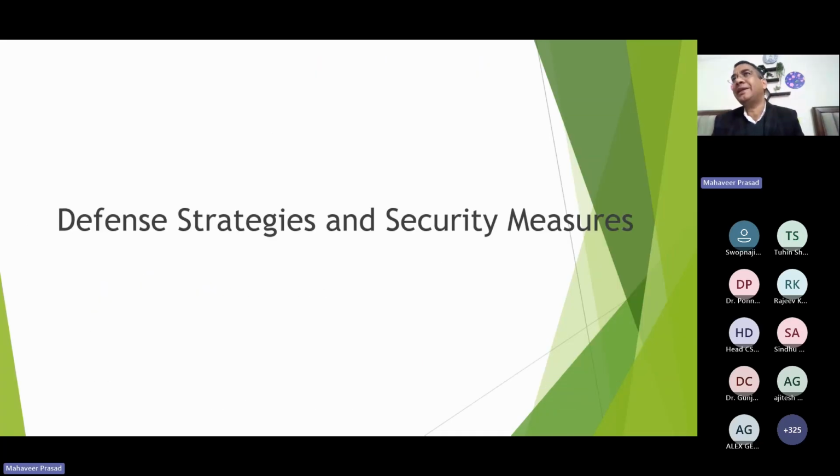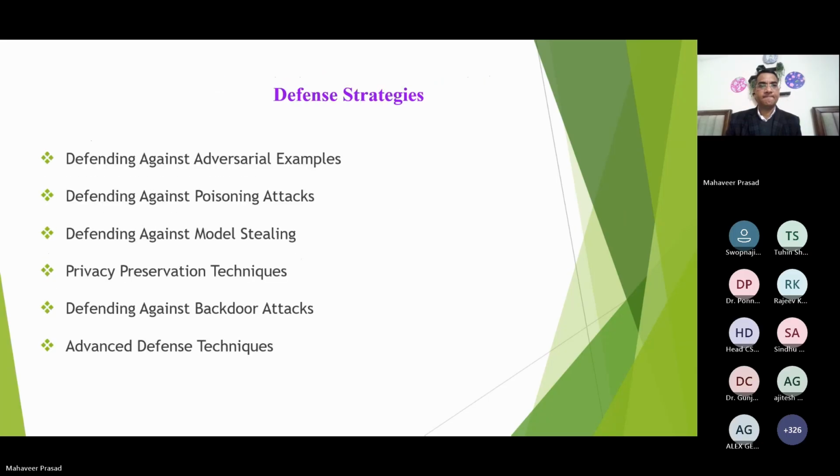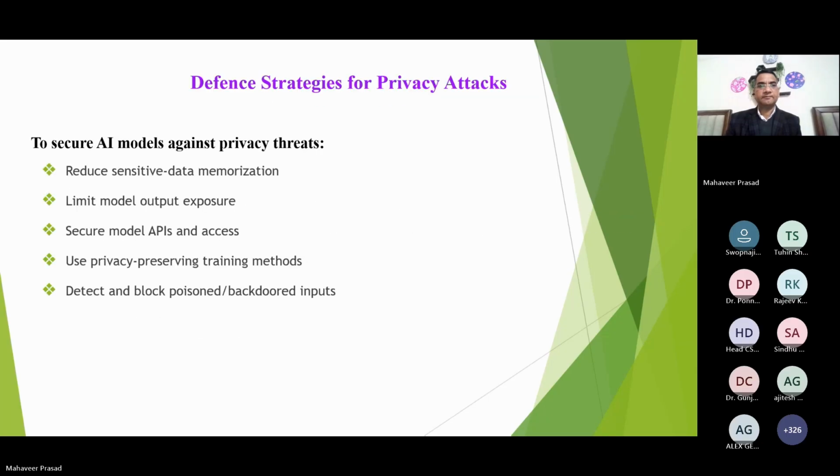So far we have discussed many attacks. Now how can we provide defense so that we will not face these kinds of attacks? We will discuss a lot of defense strategies and security measures to secure AI models against privacy threats.